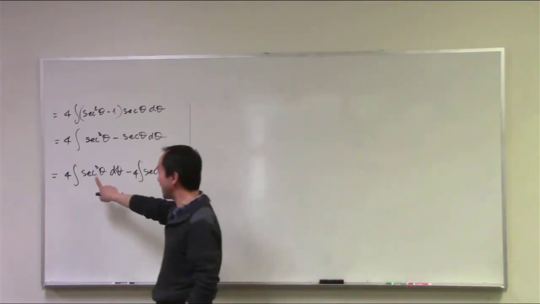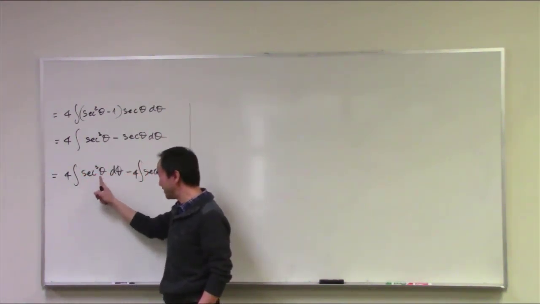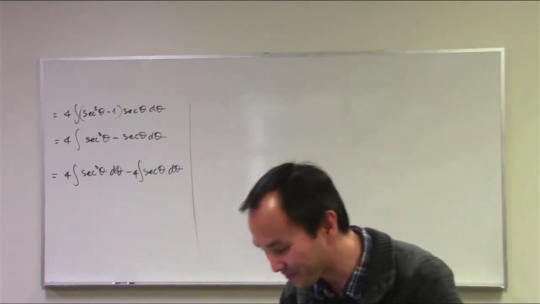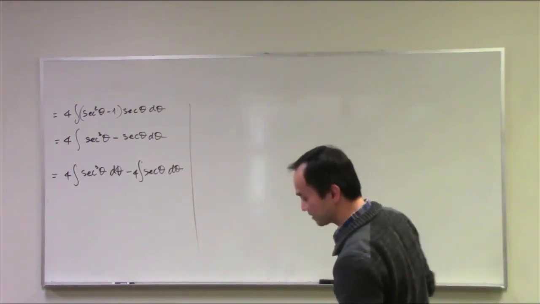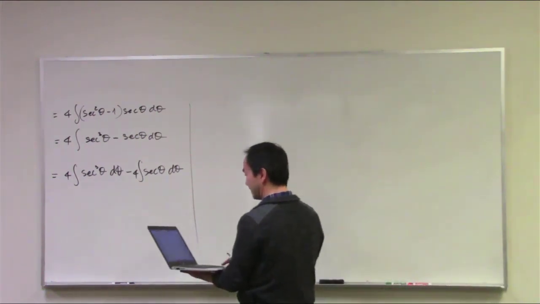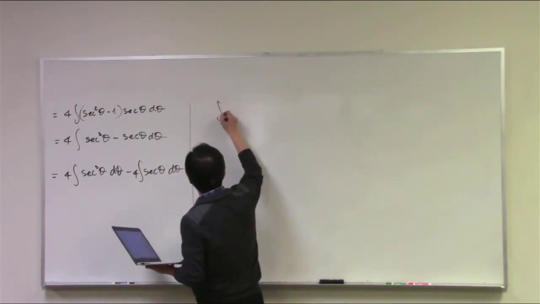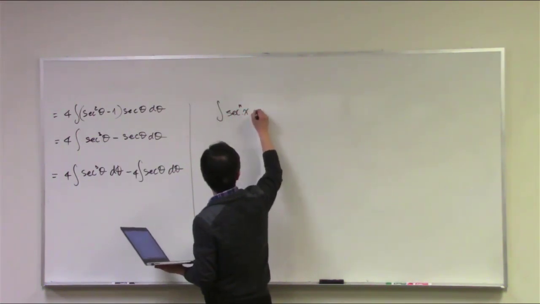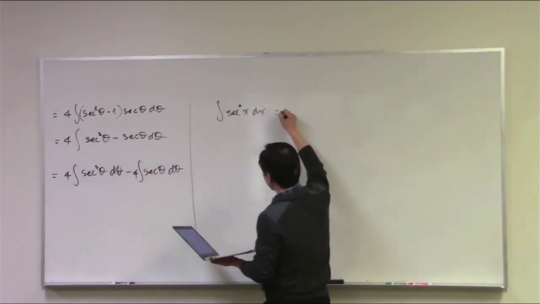Now, back in the earlier lecture, I showed a reduction formula for this secant cube right here. So let me remind everyone. When you have the integral of secant to the n of x dx, some power n, you can use the following formula.